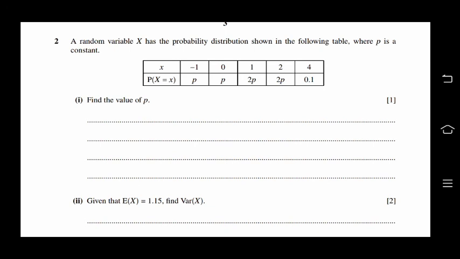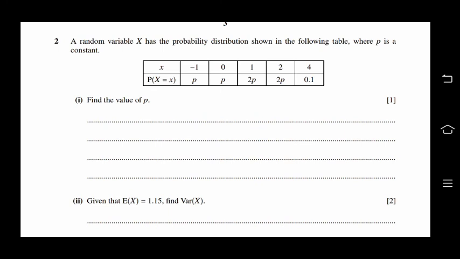So in the distribution table, you can find x values -1, 0, 1, 2, 4, and P of x is equal to p, p, 2p, 2p, and 0.1. We have to find the value of p as the first question.